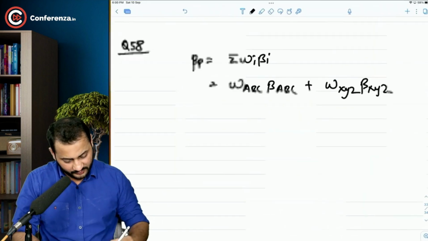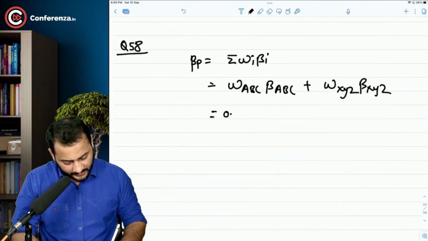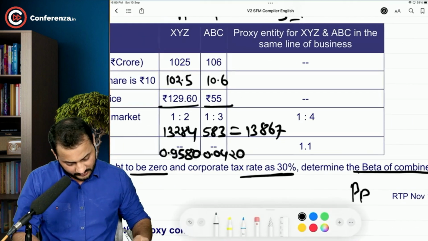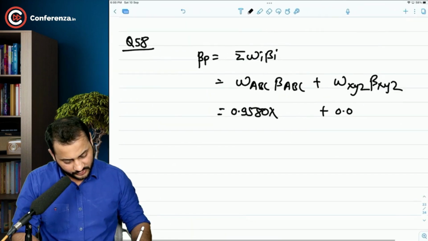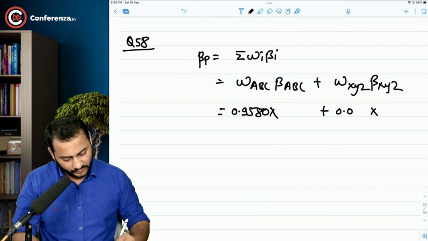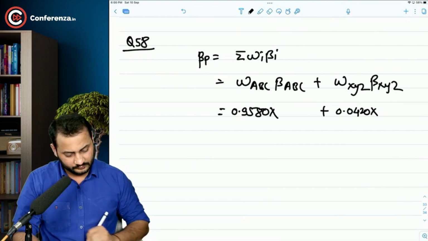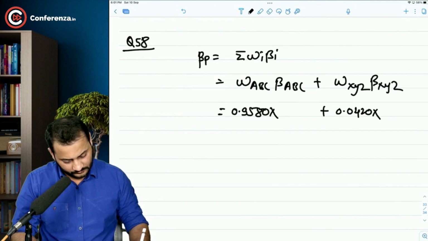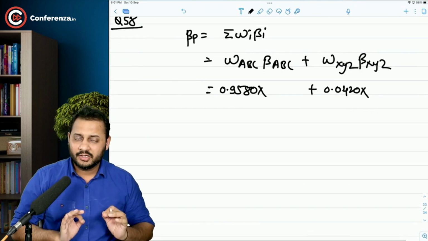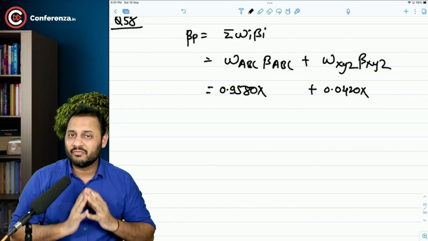Now understand, we will put the weights here: 0.9580 into beta plus 0.0420 into beta. So we have calculated the weights based on the market values.